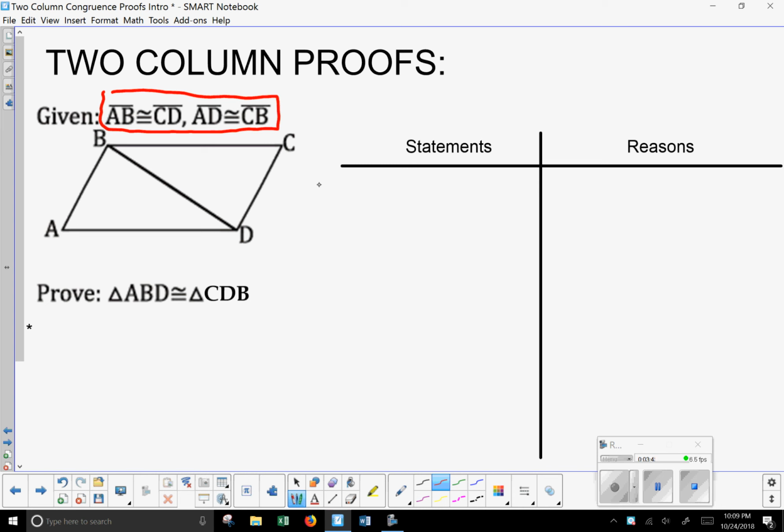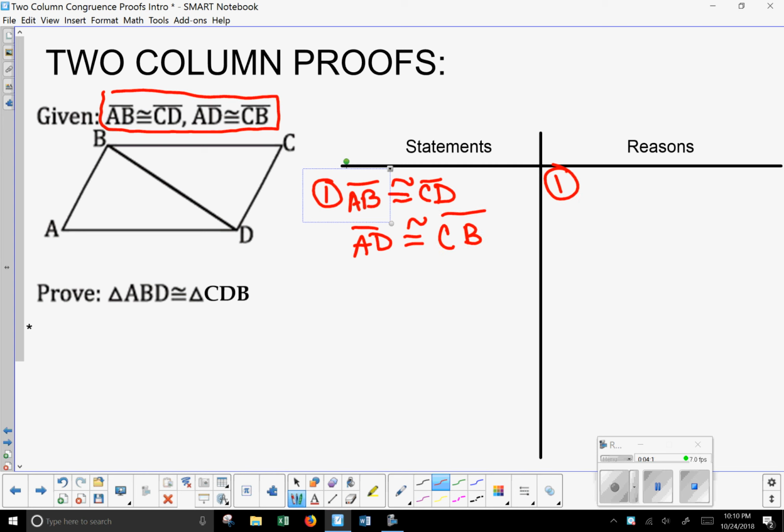That information is given. Our given information is always our first part of our two-column proof. So all I'm doing is writing down the given information as the first step of my two-column proof.